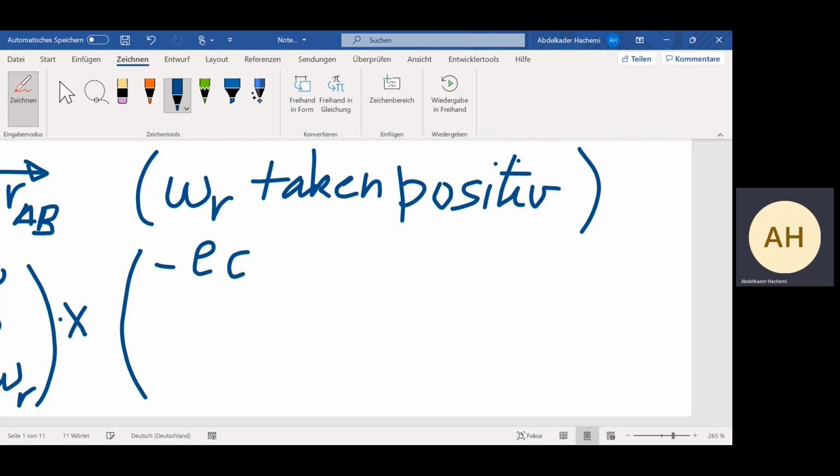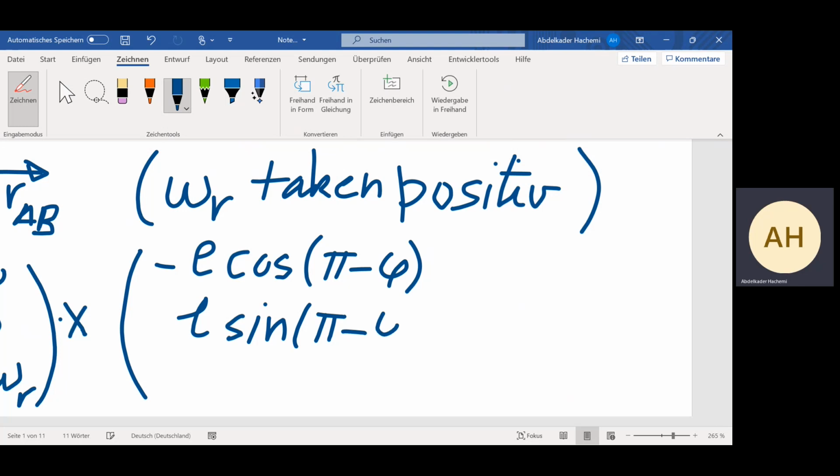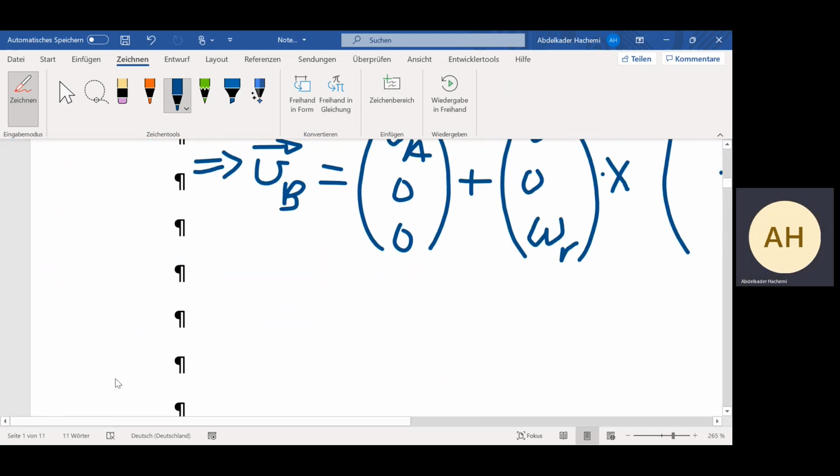Then we have L cosine of pi minus phi, here L sine of pi minus phi, and you have 0 along the Y direction.